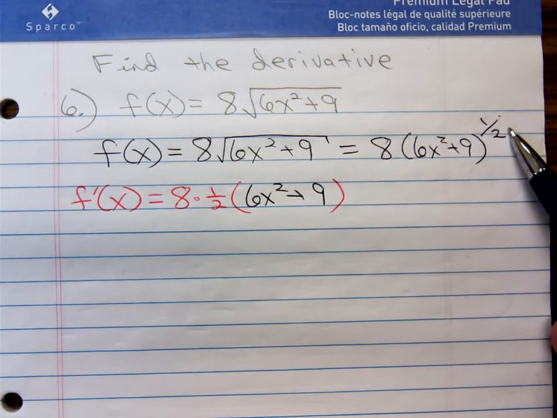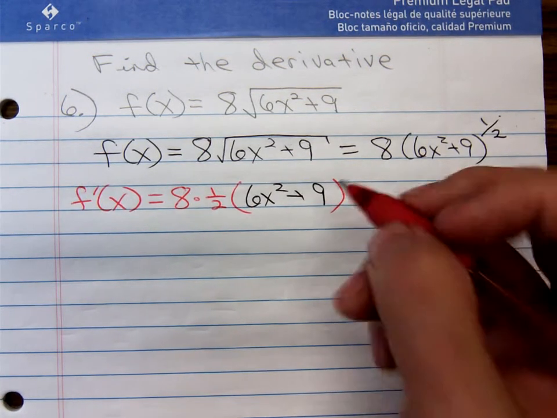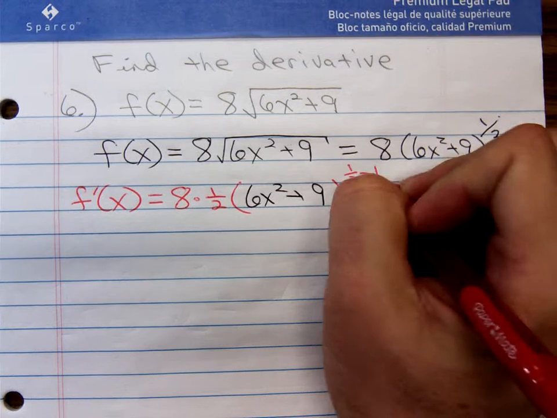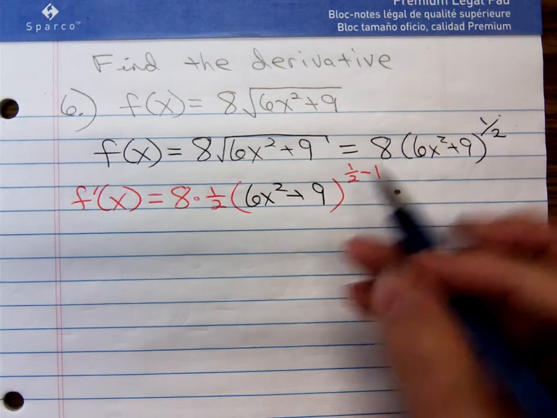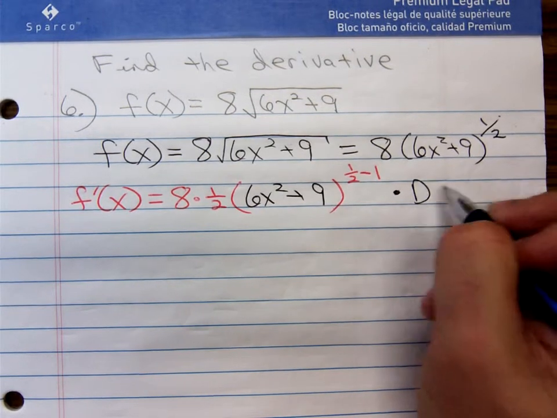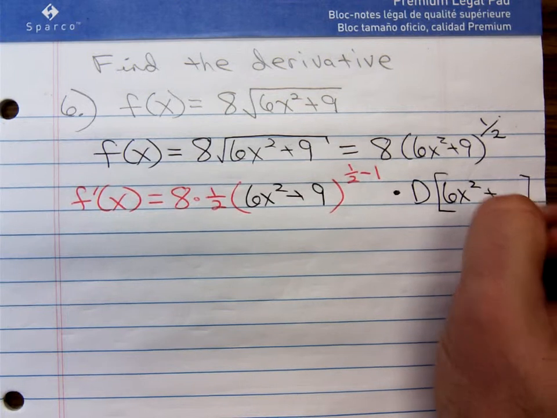What do we do to get the new exponent? Subtract 1, so you have a 1/2 minus 1. But then you have to multiply by the derivative of the inside stuff, 6x squared plus 9.